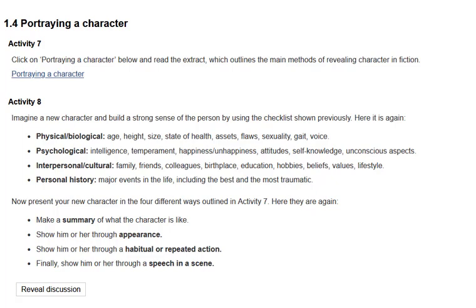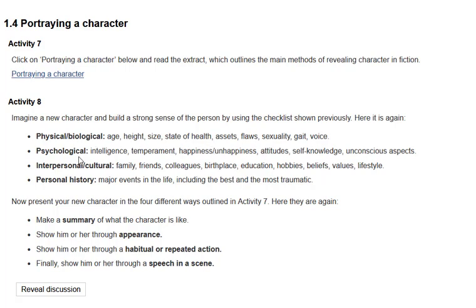As I said in my previous video, when we portray a character, we want to describe or look into the character's physical and biological traits: his age, height, size, state of health, assets, flaws, sexuality, gait, and voice.